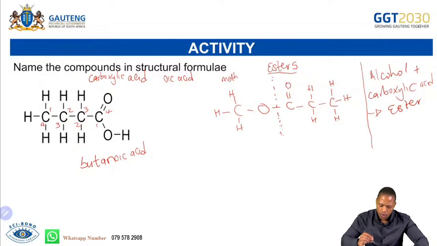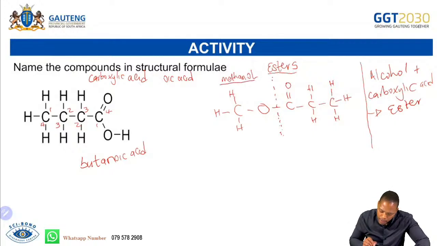Okay, so it's an alcohol. The type of bond should be an, and the name ending of the alcohol should be ol. There's no way it could be dash something, because there was only one carbon. So we have a methanol. So the alcohol here used to be a methanol.